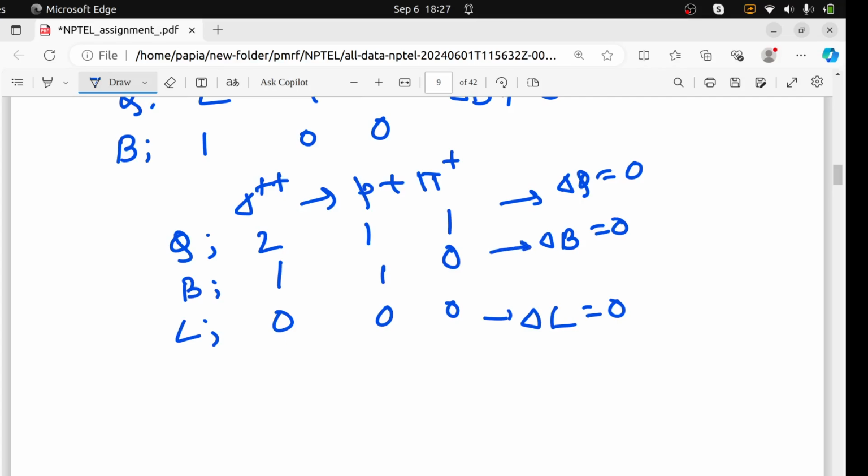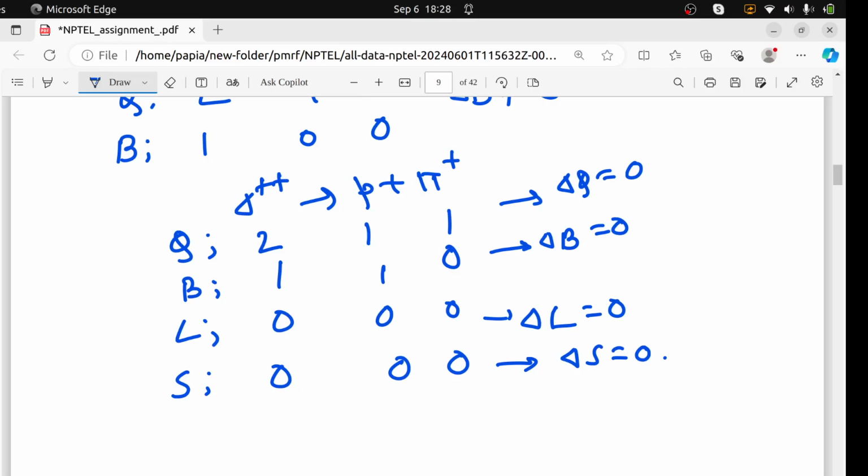If this is the case, then we need to check one more thing, which is strangeness. Delta plus has no strange particle, so S is 0. Proton is also not a strange particle, and pi plus again is not a strange particle. So delta S is also 0. Why am I looking at S here?